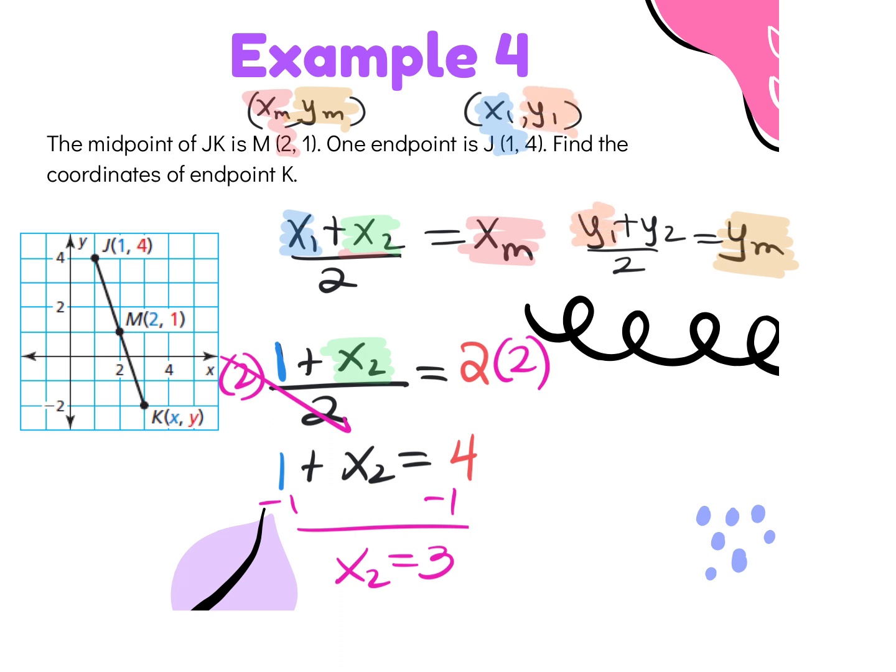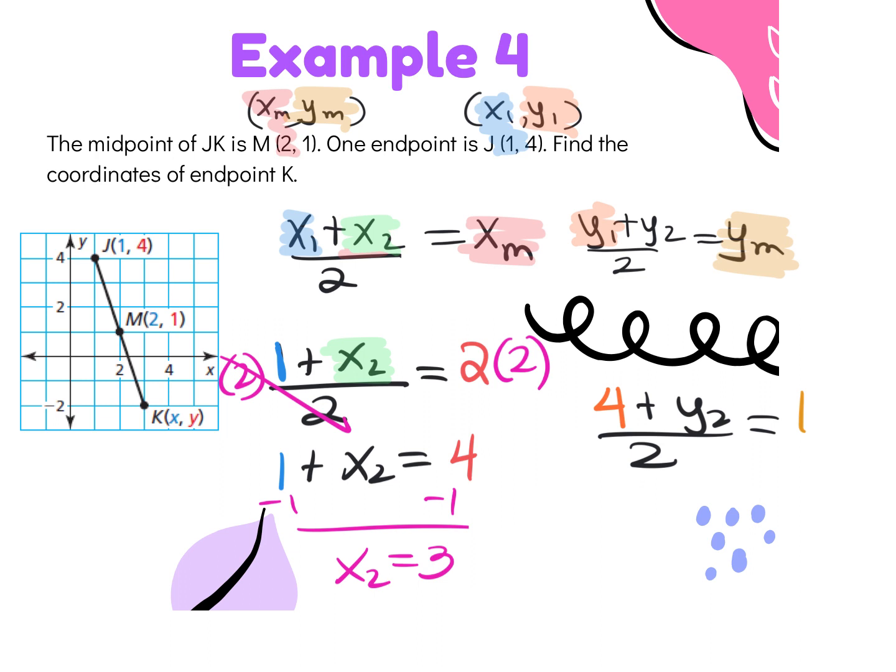So let's replace. I have 4 plus y sub 2 divided by 2 equals that y of the midpoint, which is a 1.